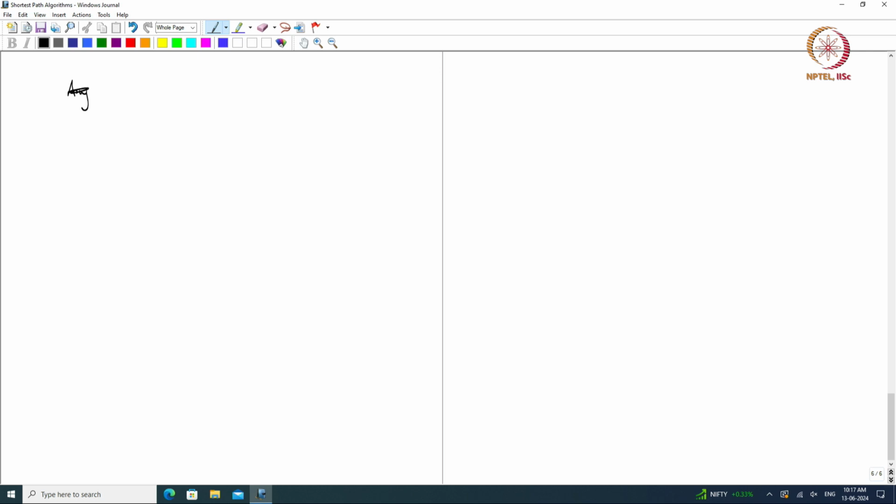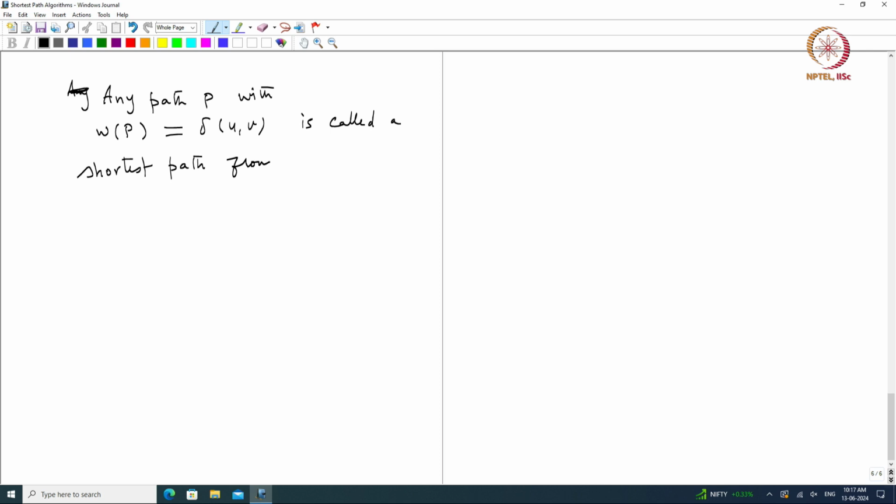Any path P with weight of P equal to delta UV is called a shortest path from U to V.